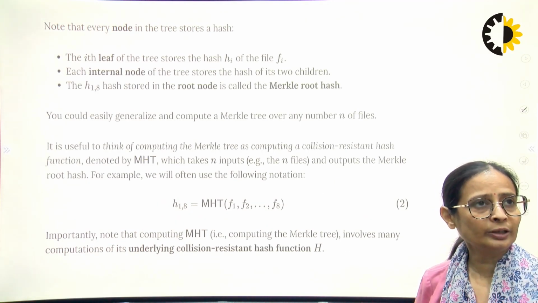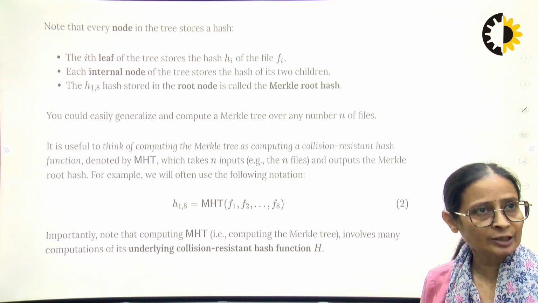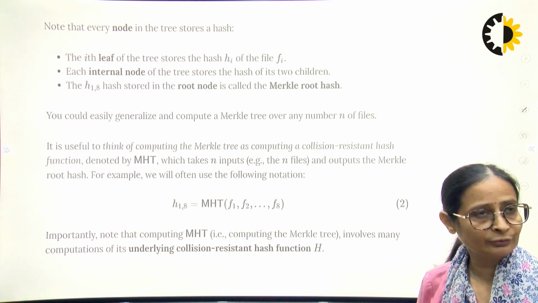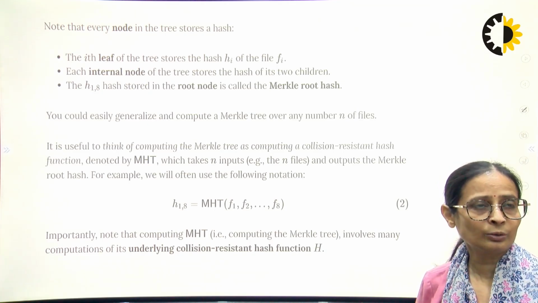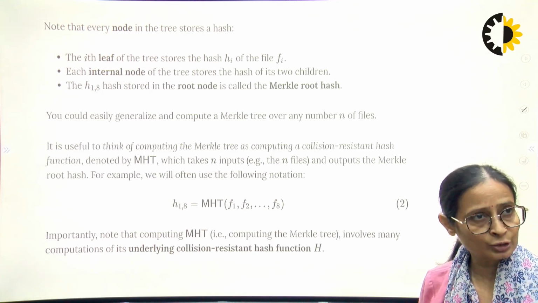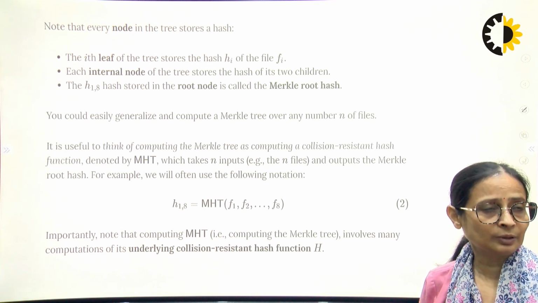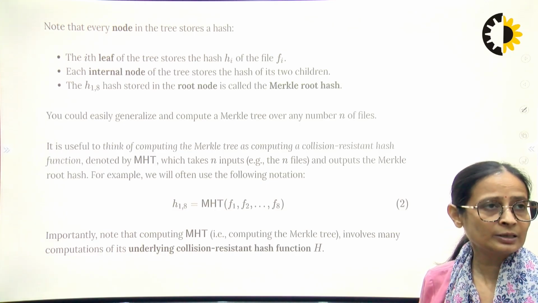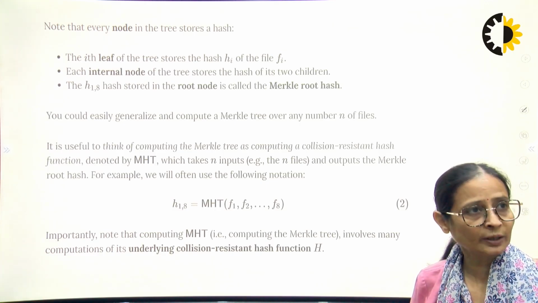Every node in the tree stores a hash. The ith leaf of the tree stores the hash hi of the file fi. Each internal node of the tree stores the hash of its 2 children. The root node is the Merkle root hash. In this example, we are having H18.